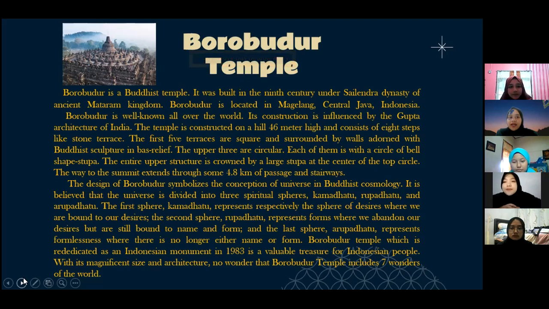So the second and the third paragraph tell about the symbol of the Borobudur temple, the construction influence, then the concept, right? So it tells about the specific information, right? Yes, Miss. Do you get the point? Yes, I do, Miss.